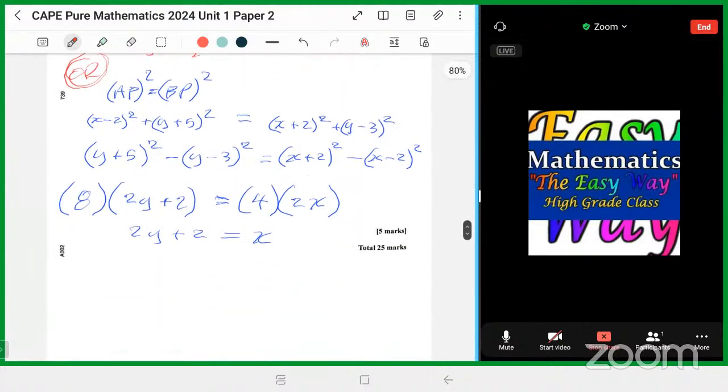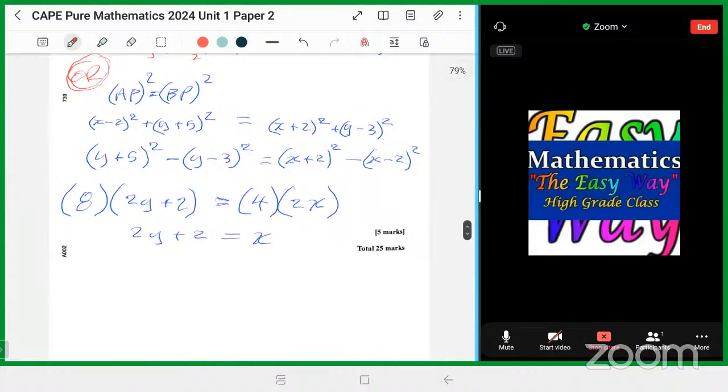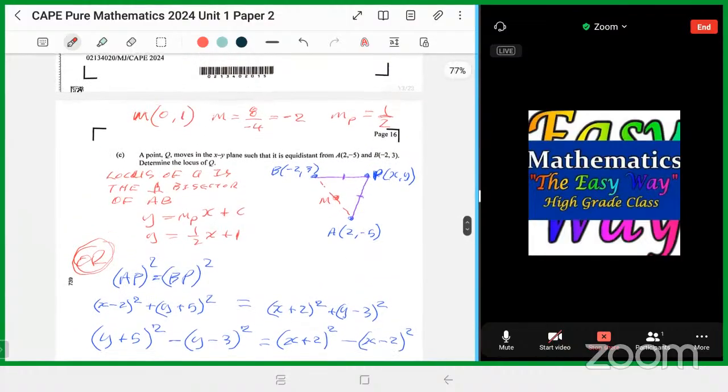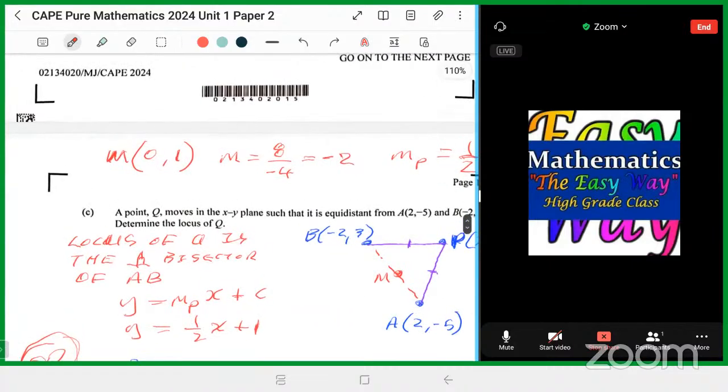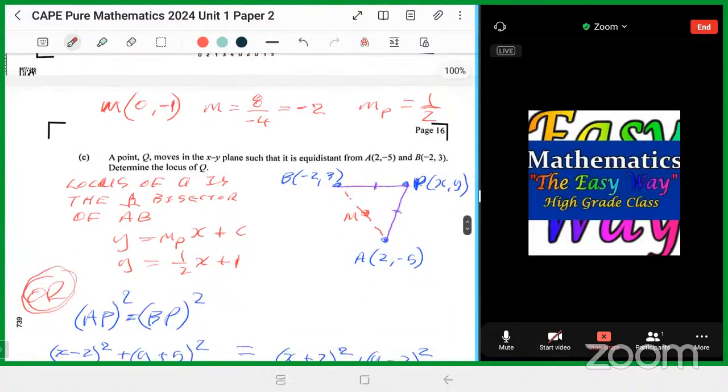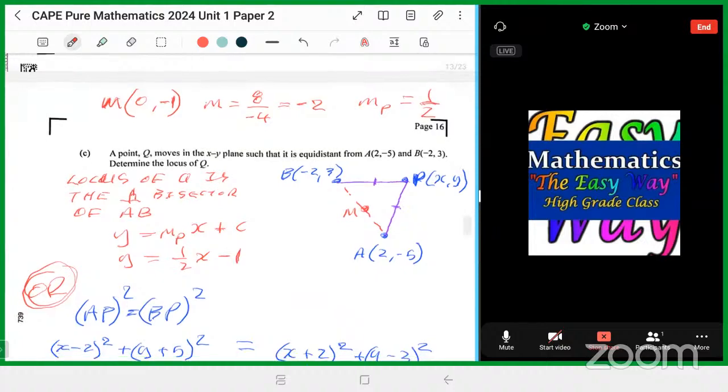The point is negative 1, 3 minus 5 is negative 2, over 2 is negative 1, so c is negative 1.